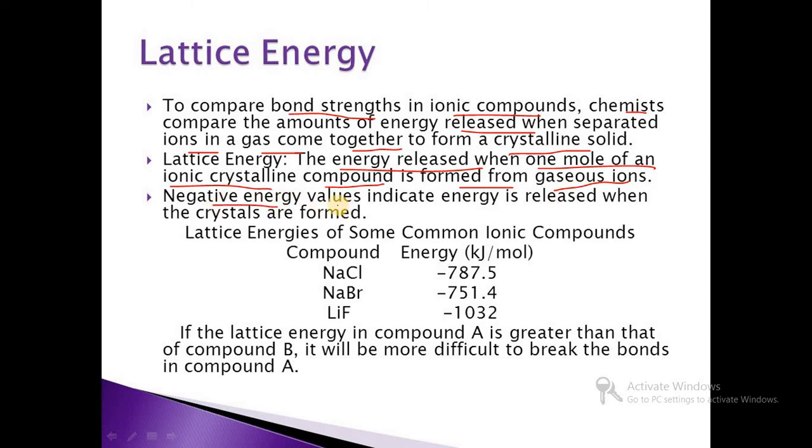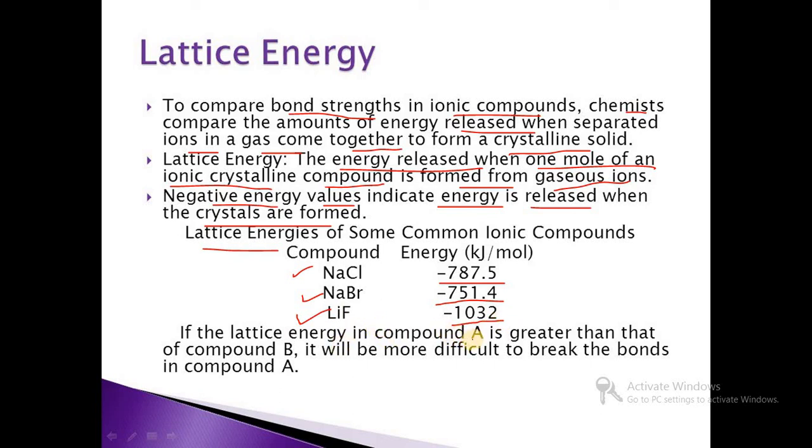Negative energy values indicate energy is released when the crystals are formed. For example, for NaCl the value is minus 787.5 kilojoule per mole. In case of NaBr, minus 751.4, and in case of lithium fluoride, minus 1032.